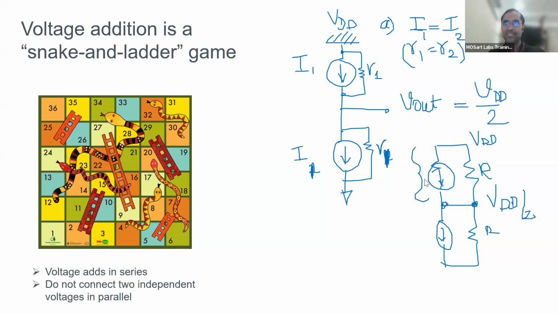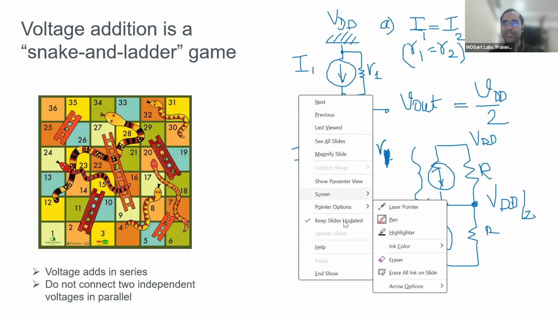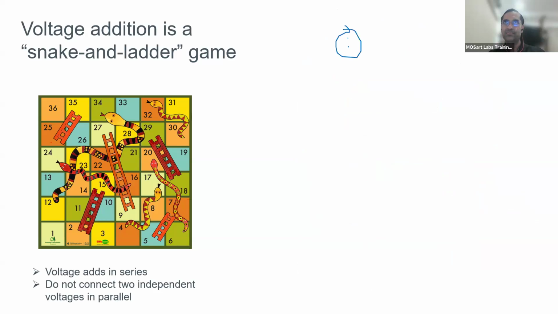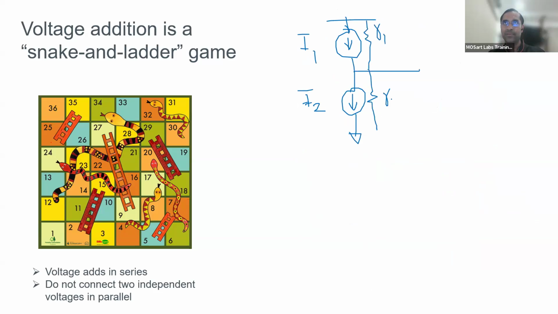Now the next interesting question is, what happens when I1 is greater than I2? Let me draw again. I1, I2, R1, R2, and this is VO.